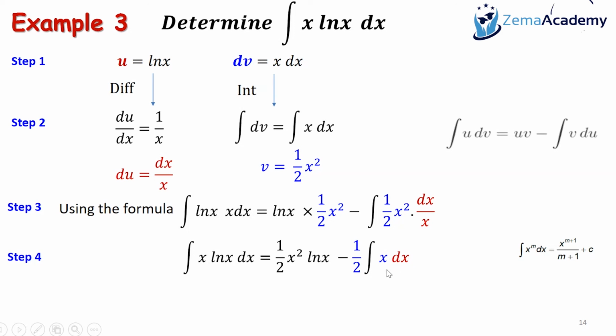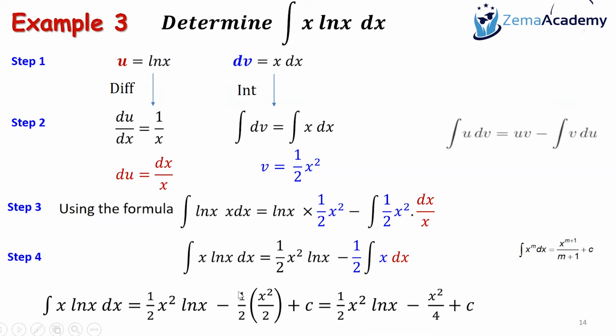And again, as you can appreciate, by selecting the correct function as dv, our integral has become very simplified and we can integrate this term again with the help of the same formula. So when we write the answer to this, our answer will be half x squared log x minus half times x squared by 2 again.